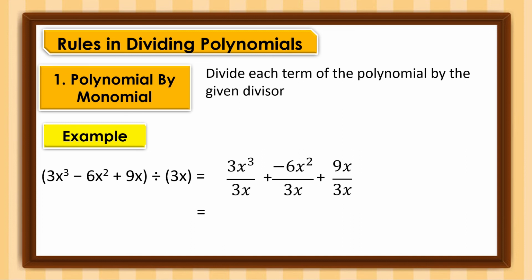So 3x cubed divided by 3x is equal to x squared, and negative 6x squared divided by 3x is equal to negative 2x, plus 9x divided by 3x is equal to 3. Therefore, when we divide 3x cubed minus 6x squared plus 9x by 3x, we will have x squared minus 2x plus 3.